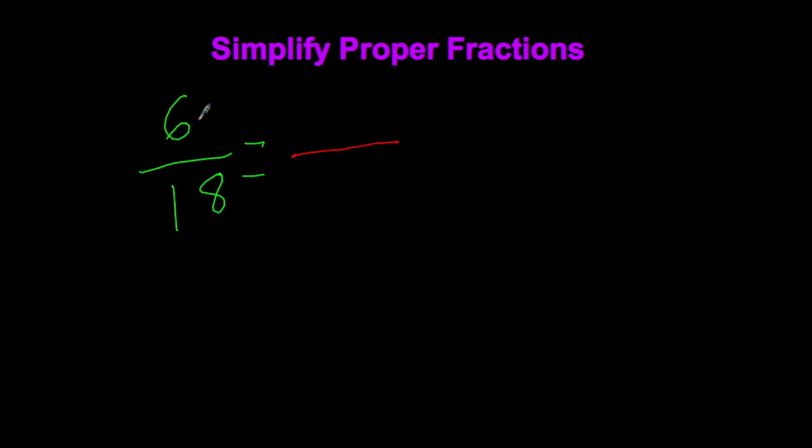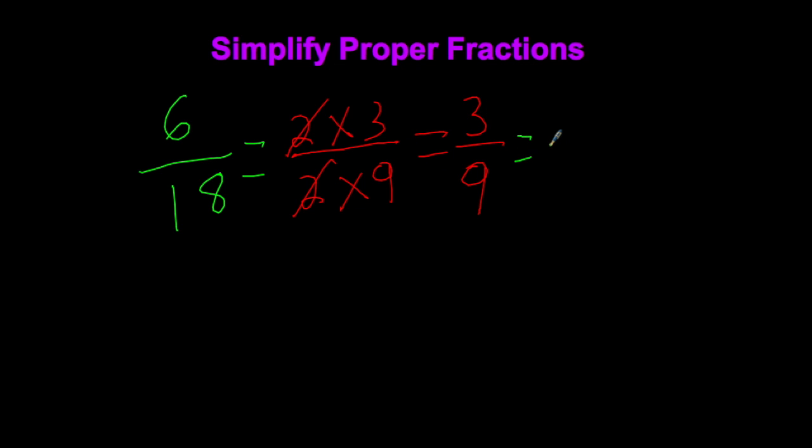Because both numbers are even numbers, they're divisible by 2. Let's go ahead and start with 2. What number you multiply by 2 to get 6 is 3. What number you multiply by 2 to get 18 is 9. So the 2 is common. Cancel that. You're left with 3 over 9. Because this can be broken down further, you can break 9 down to get a 3.